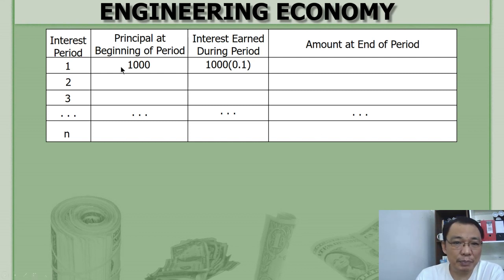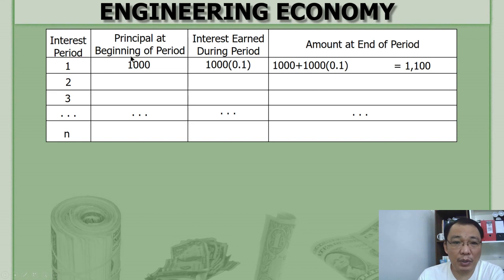Therefore, sa first period, ang interest na ma-earn is 10% of 1,000 or simply 100. Diba? Okay. So, at the end of the period, ang imong bayaran or ang imong utang is 1,000 plus 100, 1,000 times 0.1 or simply 1,100.